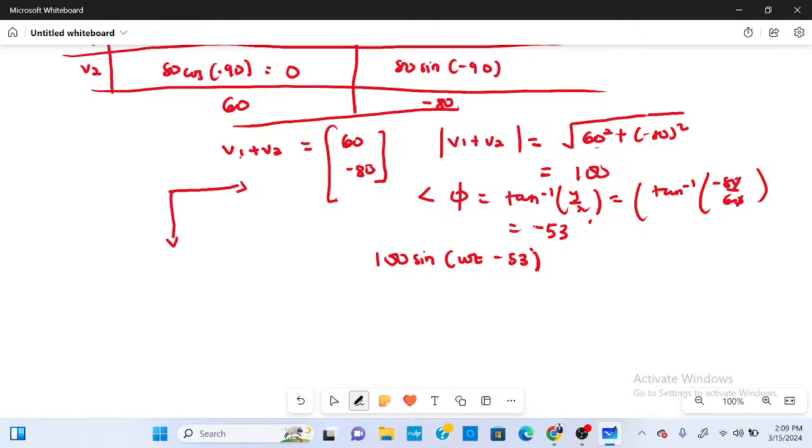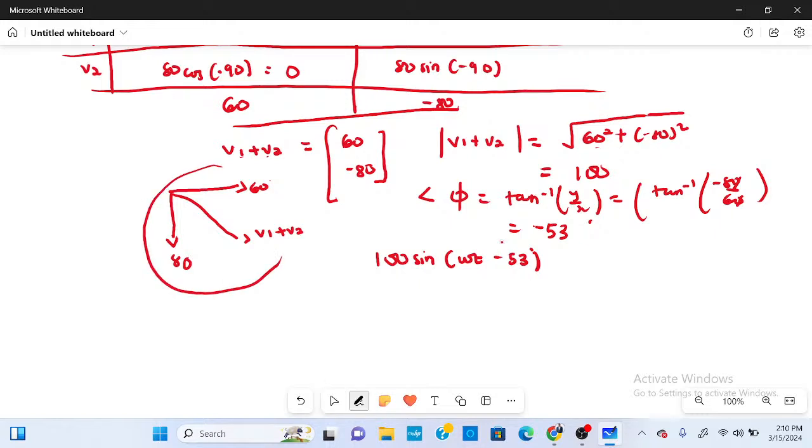That is our V1 plus V2. So here was the 80, which is in the negative dimension. Then here is the 60. So this is our V1 plus V2 line here. We treat it as vectors. So this is all that we have here.